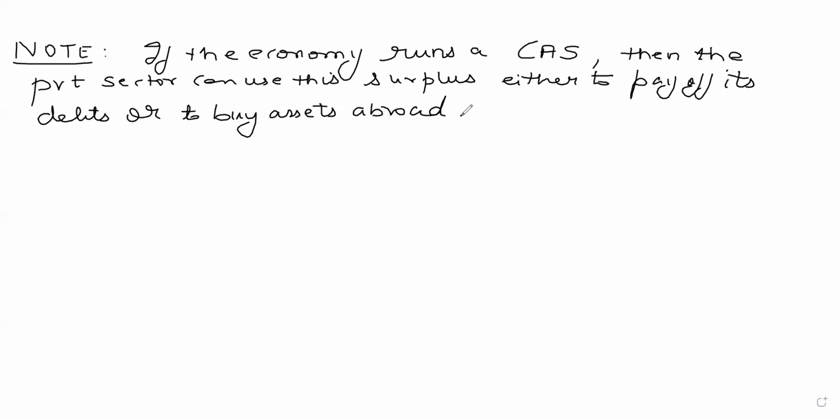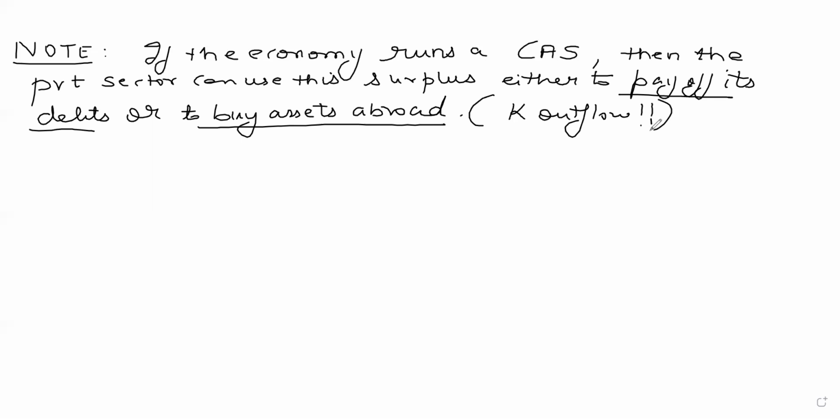This means what, guys? When the private sector is repaying its debt or buying assets abroad, both these transactions are causing a capital outflow. Both cause foreign exchange to move out of the economy.